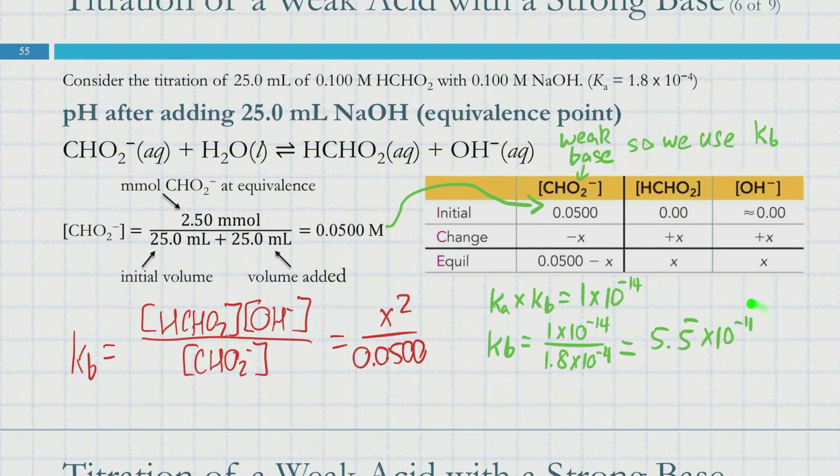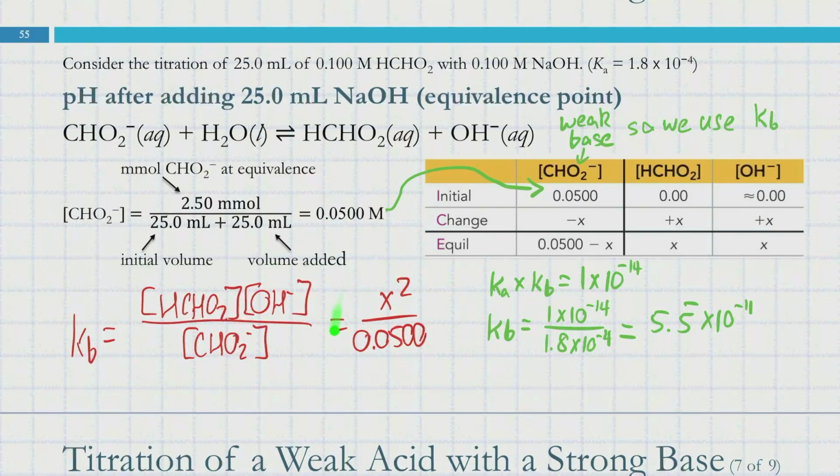We can definitely use our X's small approximation here because it's 10 to the minus 11, and that's how I simplified this down to X squared over 0.0500.